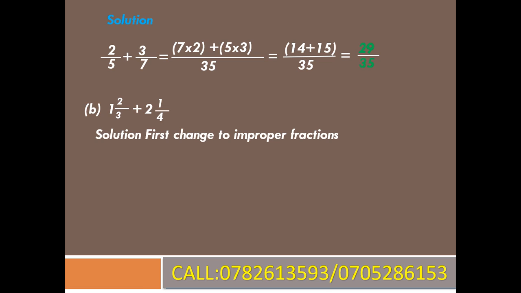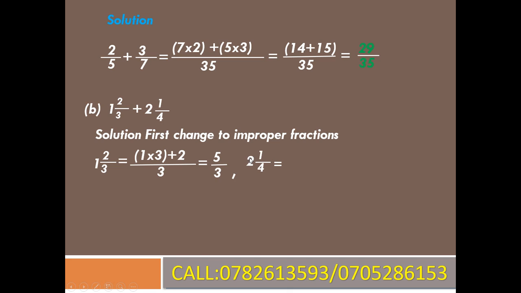So we shall change 1 and 2 out of 3. We shall take 1 times 3, this whole number times the denominator. So 1 times 3 plus 2, everything out of 3, and that gives us 5 out of 3. We can also change 2 and 1 out of 4 using the same approach.